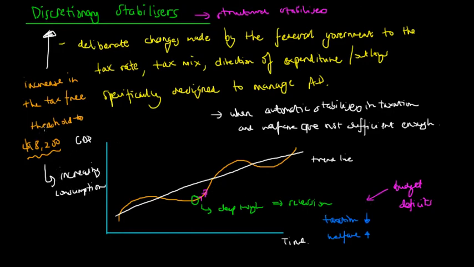What that meant was that because the government introduced this new discretionary stabiliser of a decrease in the tax rate, or an increase in the tax-free threshold, this meant an even greater increase in disposable income for those who are earning less than $18,000.